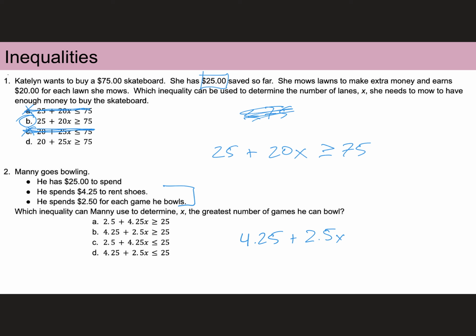Every game he plays, he needs to pay $2.50. Now, if he only has $25, I need to find how much money is less than or equal to 25, because you can't spend more than that. So this would be my inequality. $4.25 plus $2.50 times the number of games is less than or equal to $25.